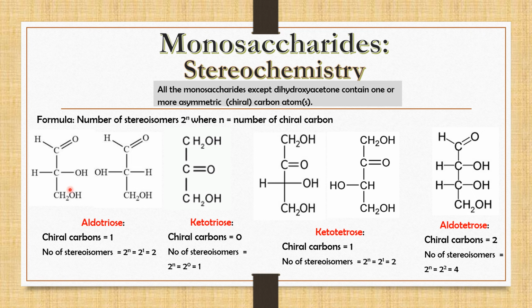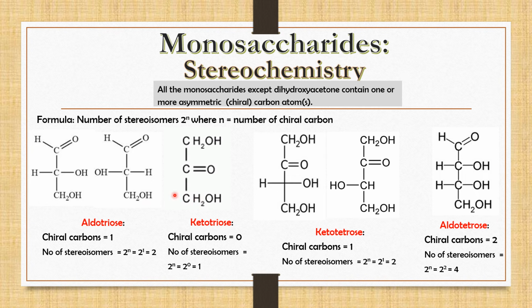So you can see glyceraldehyde has just one chiral carbon, and 2^1 is equal to 2, giving us two stereoisomers of glyceraldehyde, the D and the L glyceraldehyde.